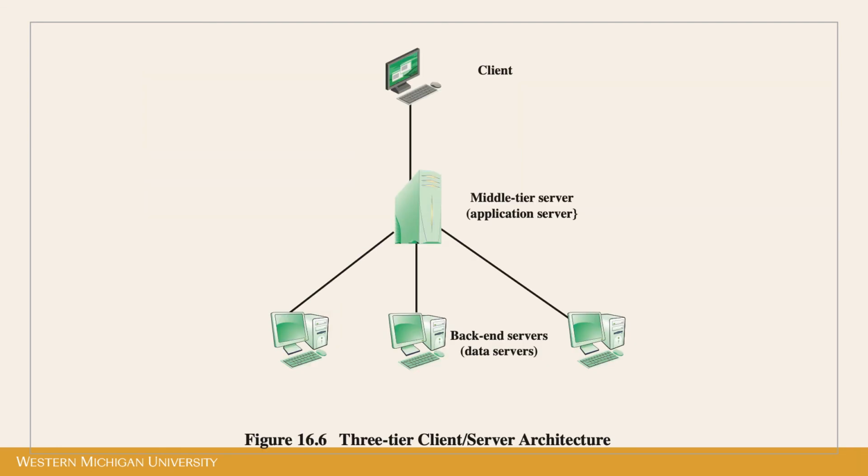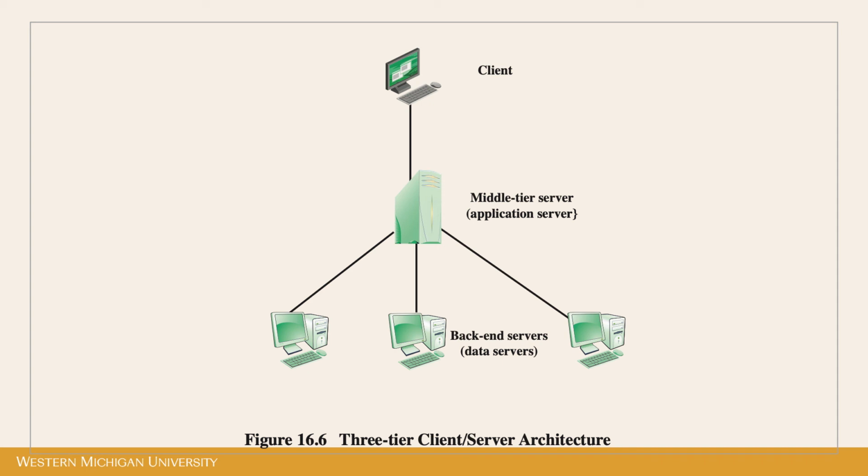Now, another thing to keep in mind is that we don't have to just have this be two systems, right? We can have multiple systems involved in this whole approach. So this is an example of a three-tier client-server architecture where we have our client, just as usual, and then we have a middle-tier server, the application server.